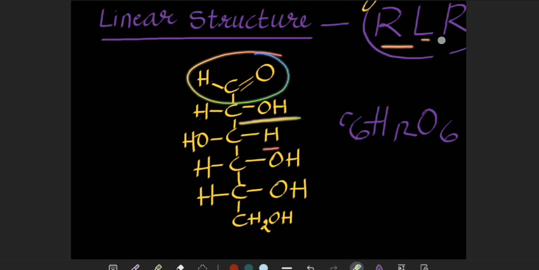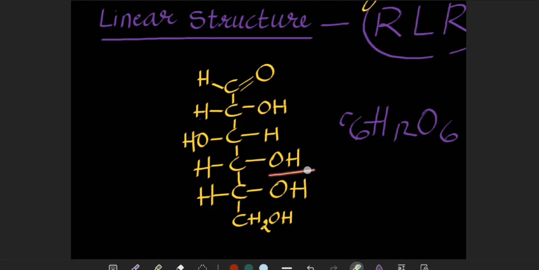The third contains an OH group to the left, and then the fourth contains an OH group again to the right. I've given this code for carbons 2, 3, and 4, and then the 5th and 6th are going to remain similar in all the cases. So just remember this: RLR.